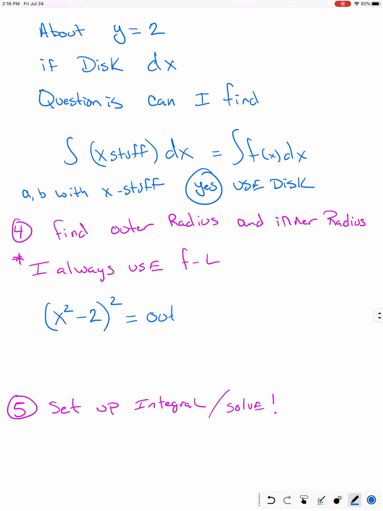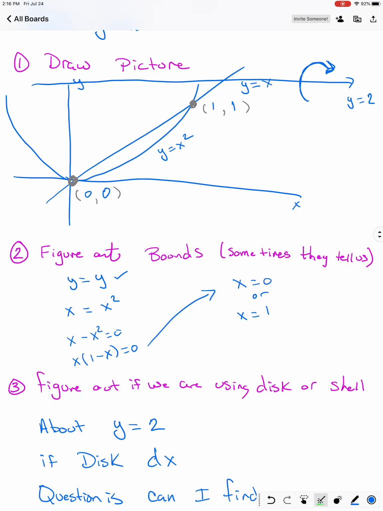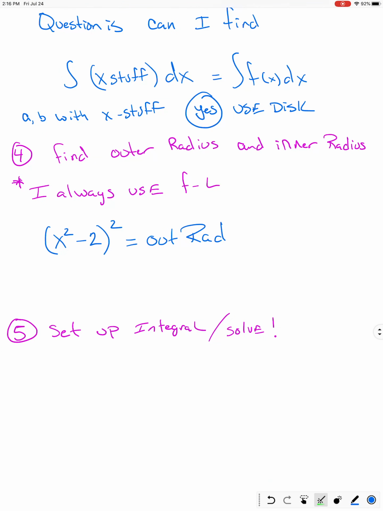So that's my outer. And then what's my inner? Well, here's my inside one. Here's my line. And this one is x. So then x minus 2. So my inside is x minus 2. And that's my inner radius.